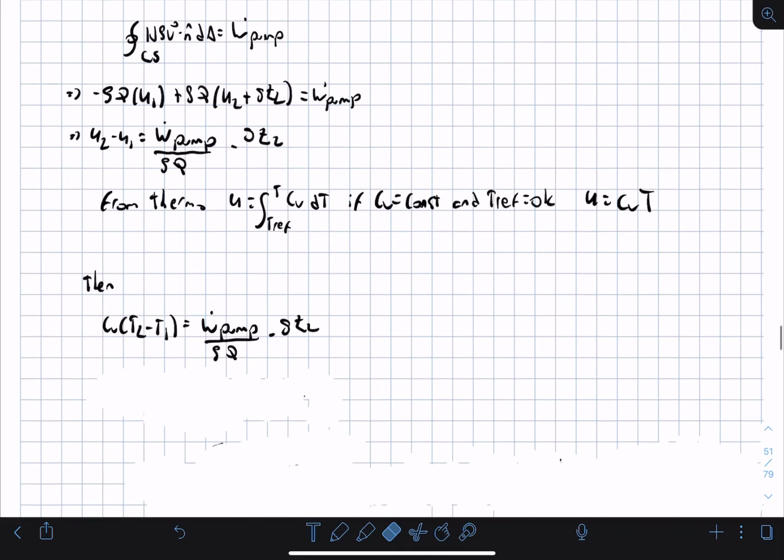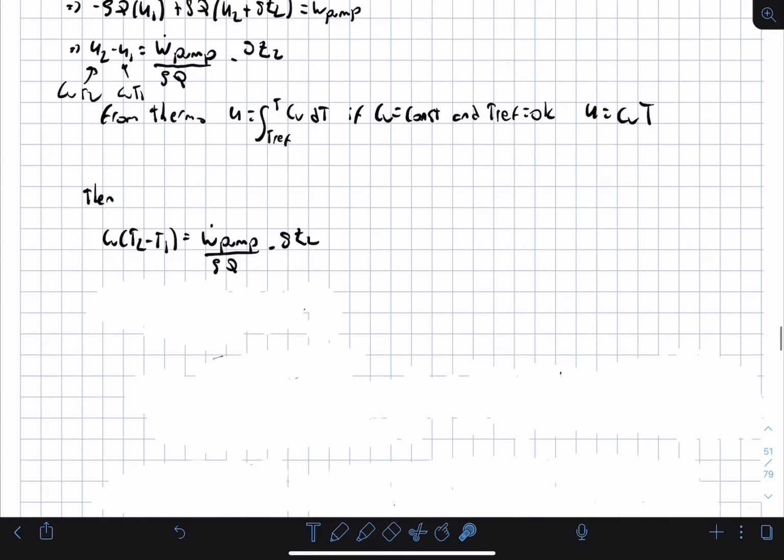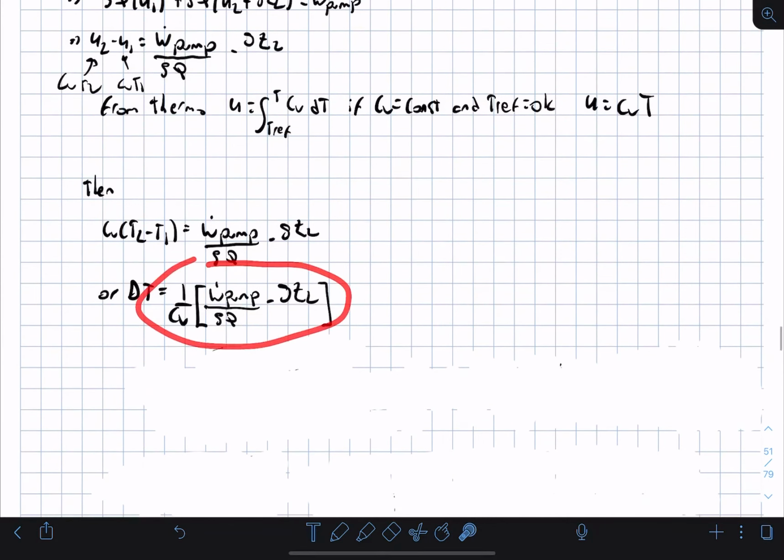So U2 minus U1 becomes Cv T2 minus Cv T1, and you can factor out the Cv, so this becomes the specific heat times (T2 minus T1), and that's equal to the pumping work going in divided by the mass flow rate, minus gZ2. Okay, and T2 minus T1 is just delta T. So we can solve for delta T, and it's the same expression divided by the specific heat.